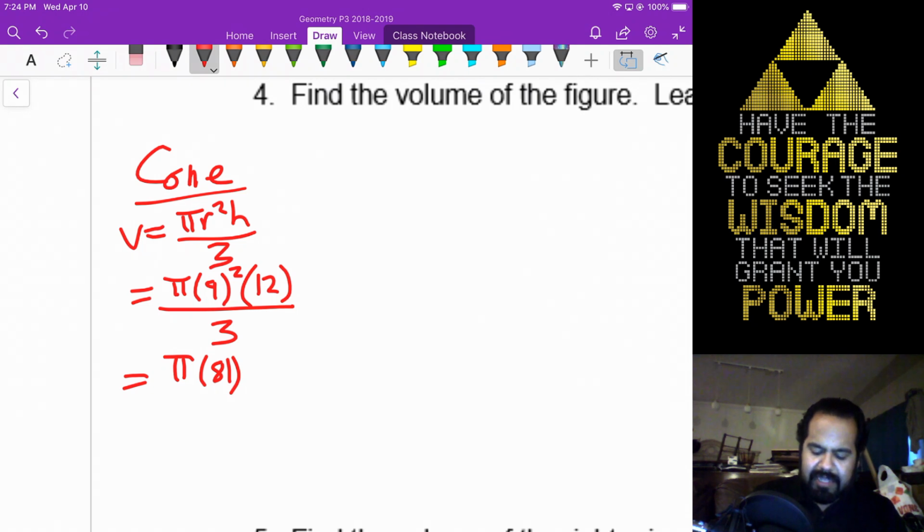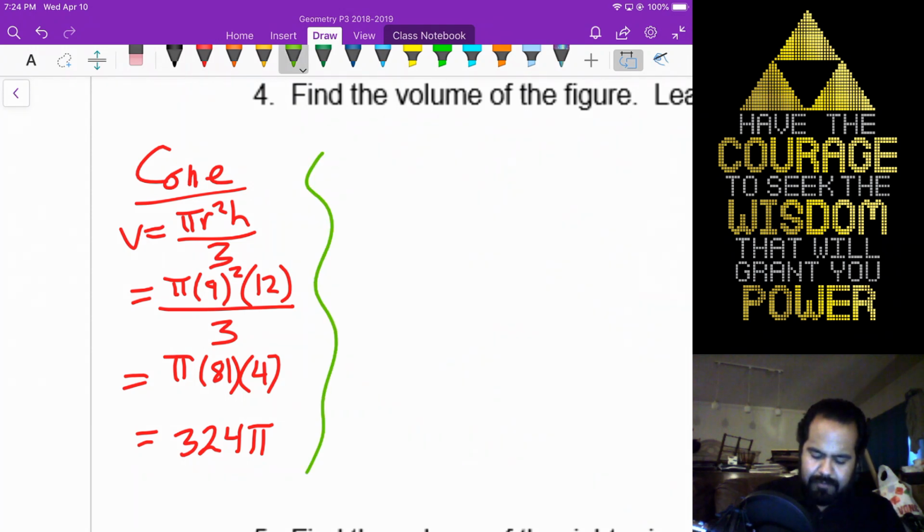I'm going to reduce 3 and 12, so that's going to give me 4. So 81 times 4, 8 times 4 is 32, so 324 pi. That's for our cone.